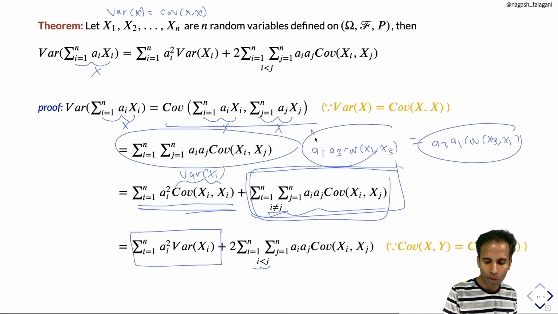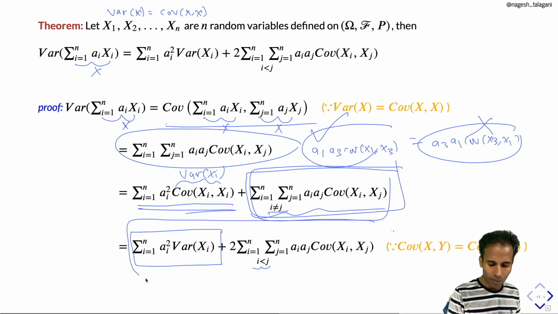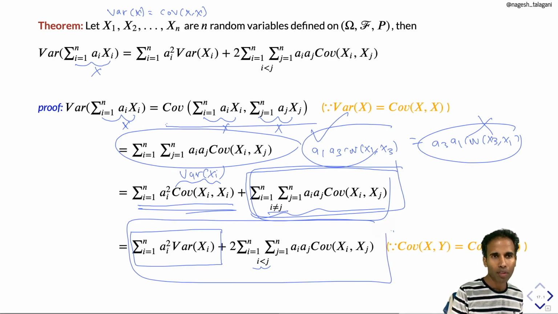We are keeping only this term, discarding this, but we are multiplying by 2. Okay, that should do. So this is going to be the formula for the variance of the linear combination summation i equal to 1 to n ai xi. This is how we deal with the variance of a linear combination of xi.